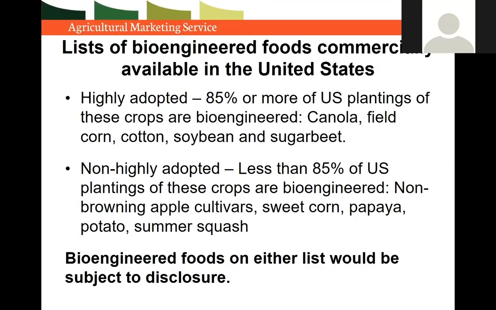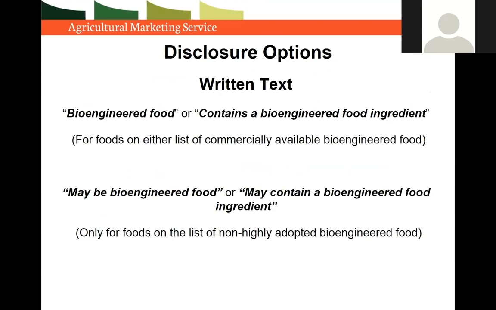The placement of the disclosure on the food packaging should be in a place where consumers who are interested in additional food information typically look for information about their food. Generally, this information is found on the information panel or the principal display panel. These are the places on food packaging where manufacturers include the ingredient list, the manufacturer name and address, and if applicable, the country of origin. These are the places to also require a disclosure for bioengineered food or bioengineered food ingredients.